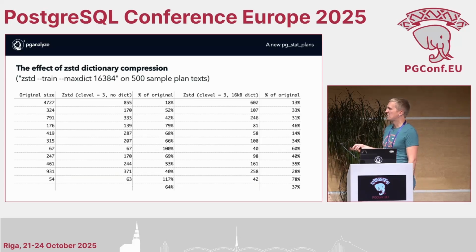We may just not want to compress in that case. But if we do compress with a dictionary, then we still get a little bit of a benefit there, right? So the dictionary really does help. Here in this case, it's 64% average size compared to the original without a dictionary, and then 37% of size with the dictionary. So it definitely helps to use the dictionary if we can.